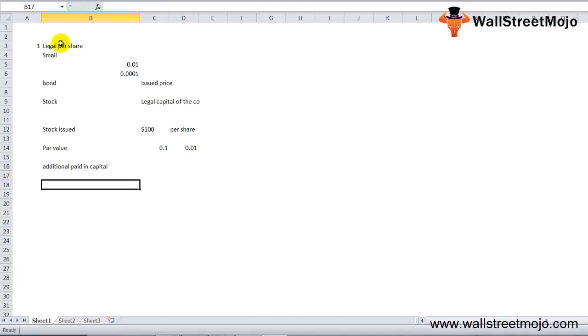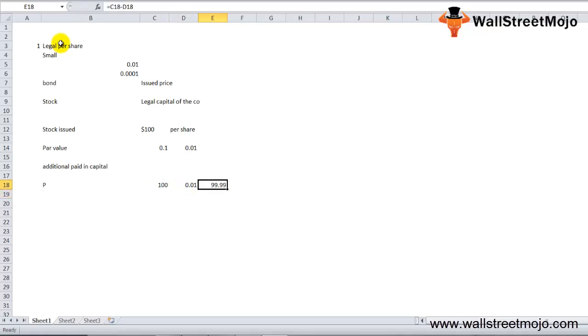So for example, if company P has issued common stock at $100, the par value of each share would be 0.01 per share, and the additional paid up capital will be the remainder, which is 99.99 per share.